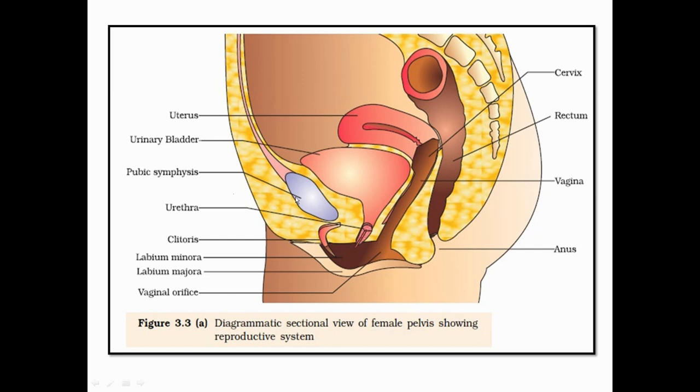This is the pubic symphysis, and you can see the urethra. This is the urethra section, and the small structure is the clitoris, and the two lip-like foldings are the labia minora, which is the inner one, and the labia majora is the outer one, and the outer structure is the vaginal orifice. In the posterior section you can see the anus and rectum along with the cervix section.